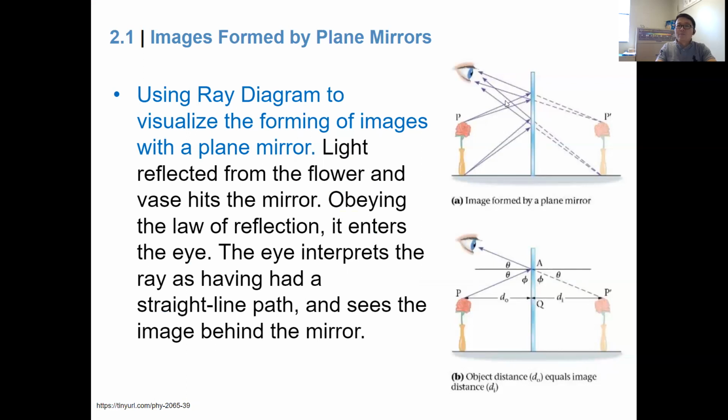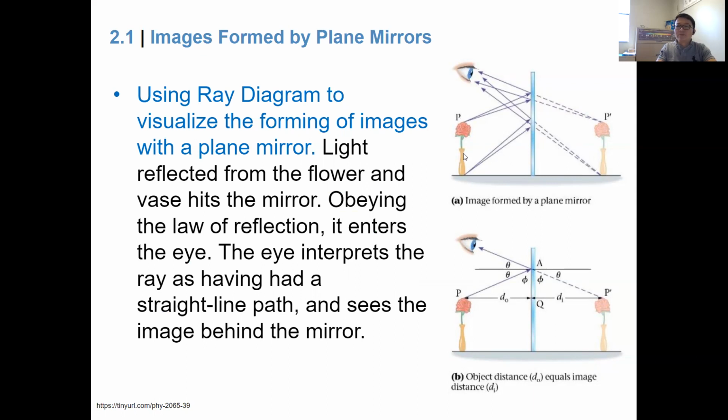So then you back extend the two reflected rays. These two rays, the extensions of them, will intersect behind the mirror. So that's the location of the image of that point of the object in the mirror. The same thing you can do for every other point on the object.